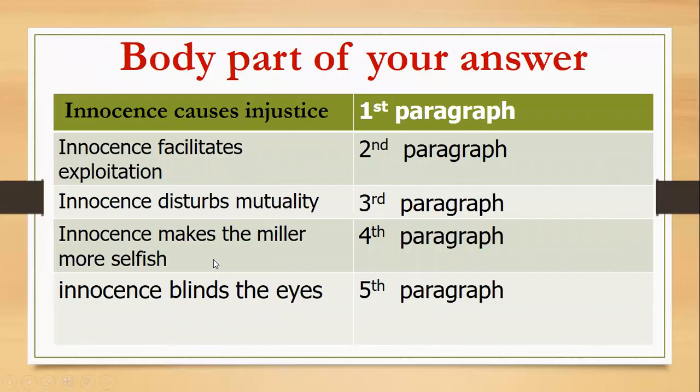When you write the body part of your answer, in the first paragraph, you can write how innocence causes injustice in the story. You can write how innocence facilitates exploitation. And in the third paragraph, you can write how innocence disturbs mutuality. In this way, if you construct your answer, you can include relevant points.